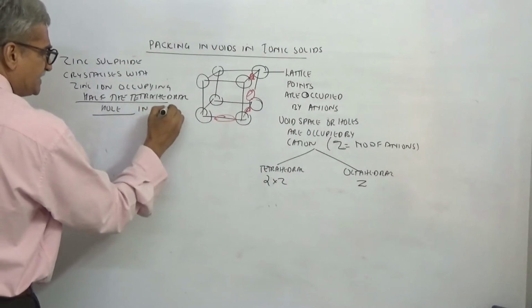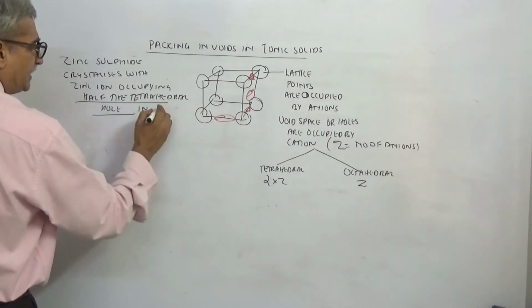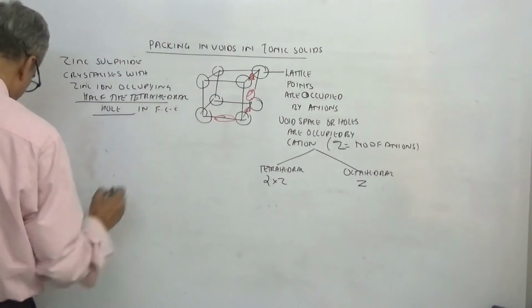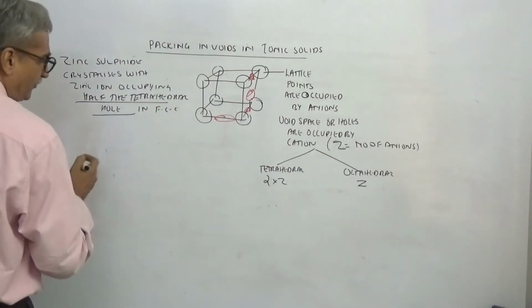Half is the most important word here. When they say CCP, closed packed array, it means it is a face centered cubic lattice. What is the formula of zinc sulfide?